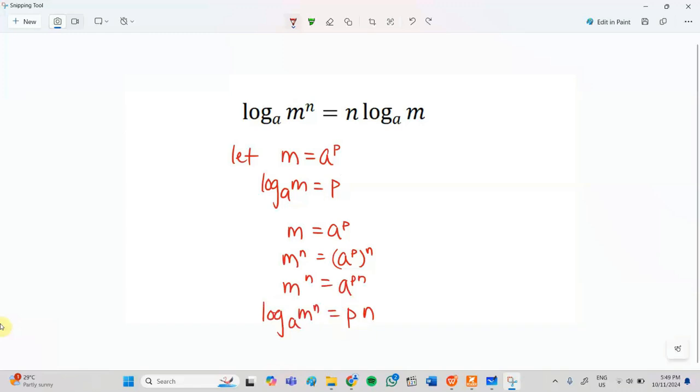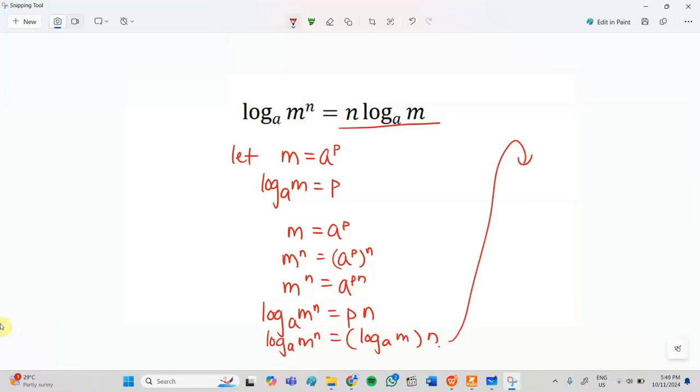Our p is log base a of m. But please arrange this such that it is the same as the formula shown here. The n is a coefficient, so you need to rewrite this such that log base a of m to the power of n equals n log base a of m.